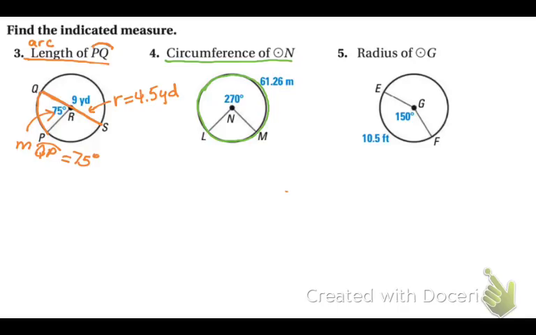So remember, our formulas are either pi d or equal to 2 pi r. Okay, so we don't have a radius. Whoa. Okay, we also don't have a diameter. So what do we do?